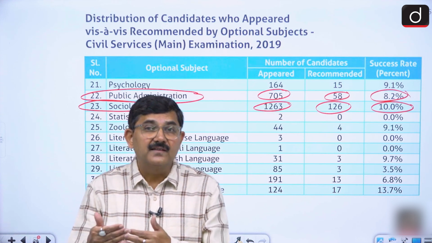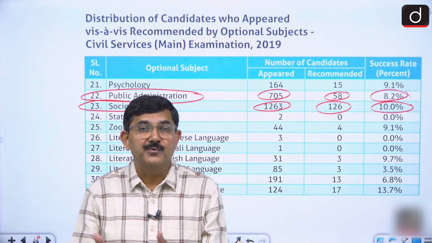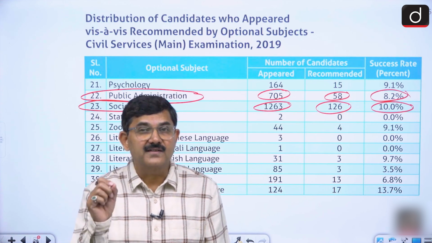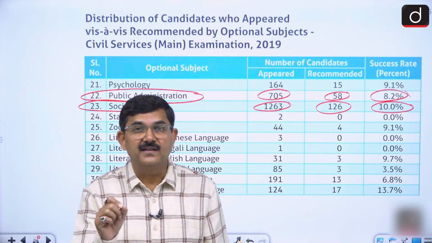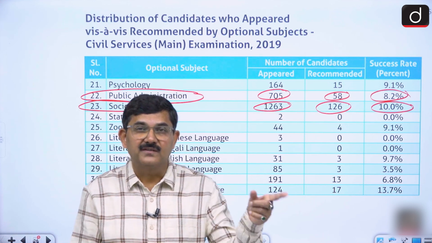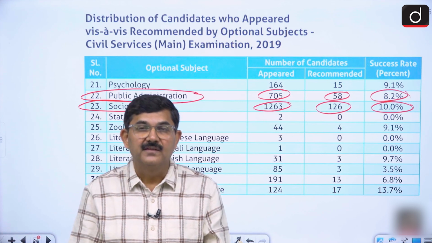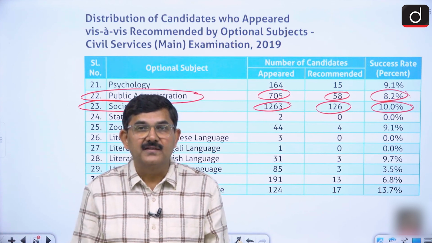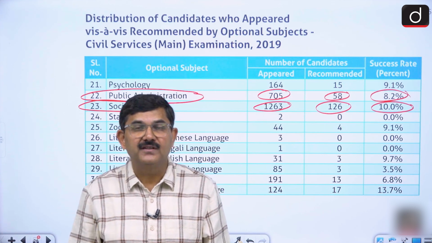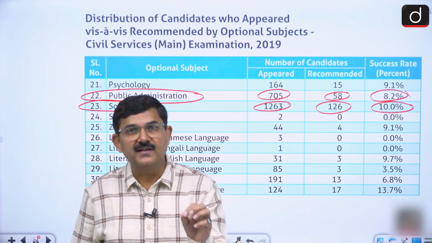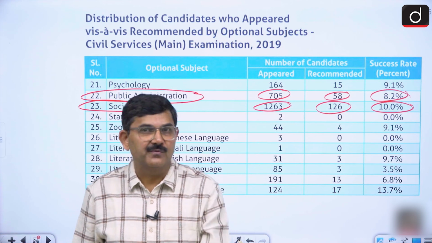So this is another criteria that you have to take into account. What is that? Is it really connecting you with the subject matter? And no other subject than sociology is like that. It is sociology that really connects you with your social environment.